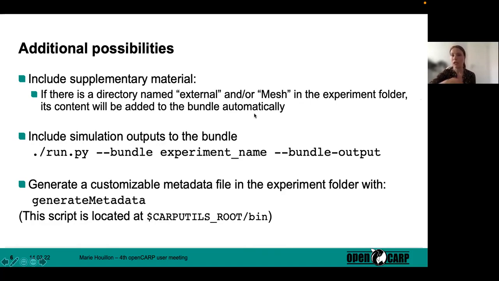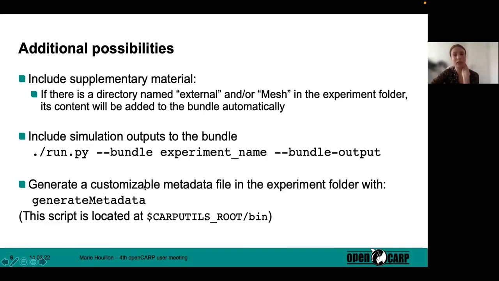So if you want to add additional material, create a folder named external and put your material there, and it will be automatically added to the bundle. If you want to include your simulation output in the bundle, you can use a supplementary option, which is called bundle-output. Then the outputs produced by the simulations will also be added to the bundle.